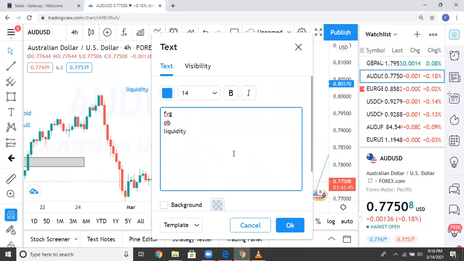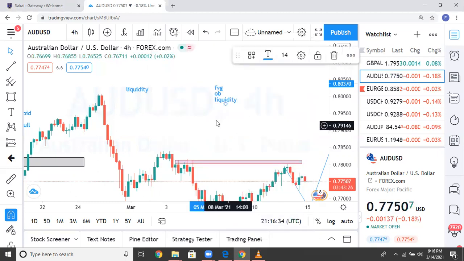I've told you that the fair value gap is when you see a space in between three candles. The middle candle's wick doesn't touch the first candle or the last candle, and the space in between is the fair value gap. We spoke about the order block.